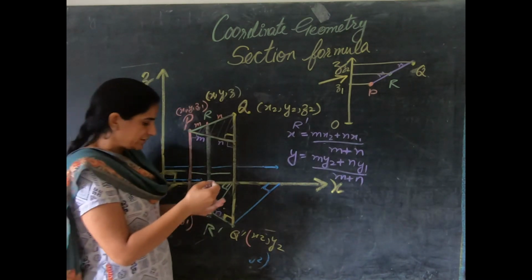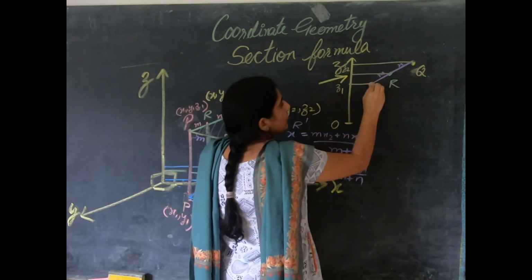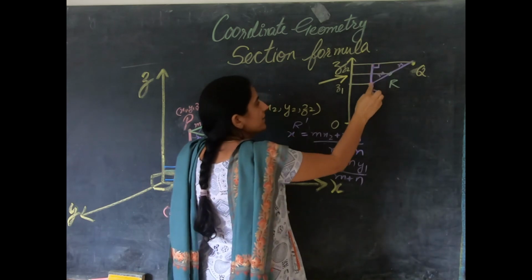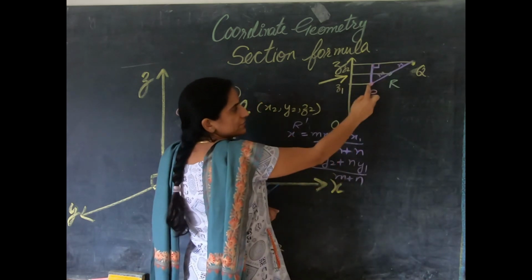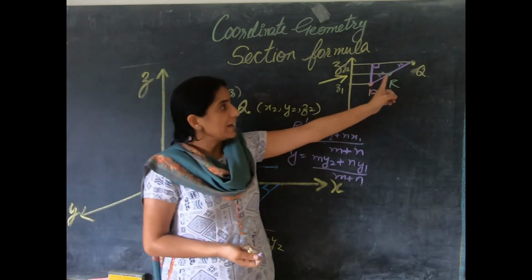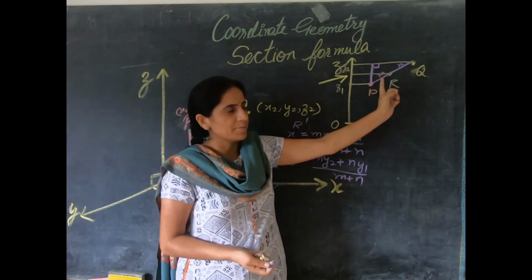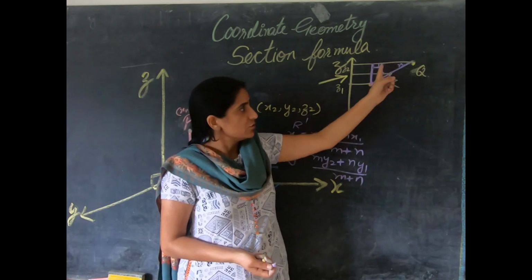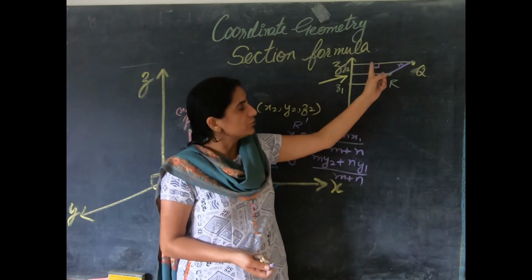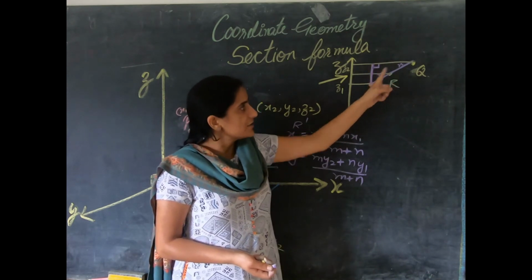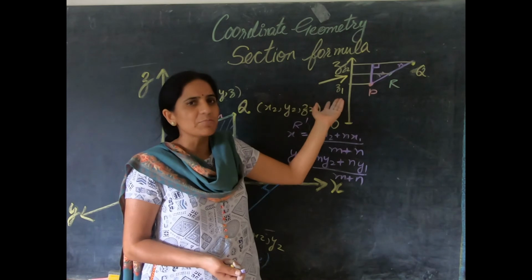See, I'm doing something here. I drew a line parallel to the z axis from here. Now we have a right angle triangle. Again by the basic proportionality theorem, this line is parallel to this, so a line drawn parallel to any side of a triangle divides the other two sides in the same ratio.